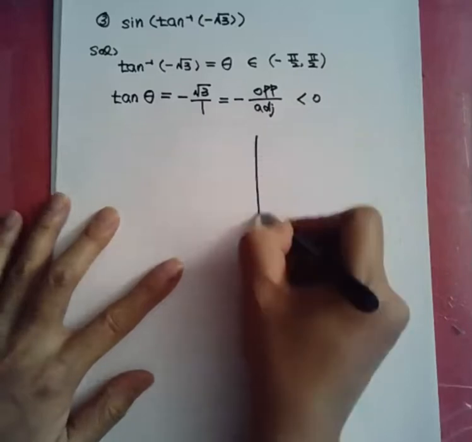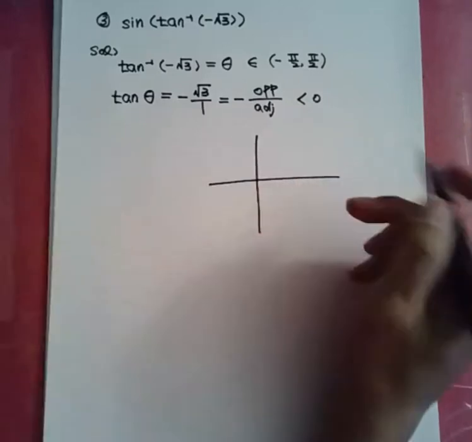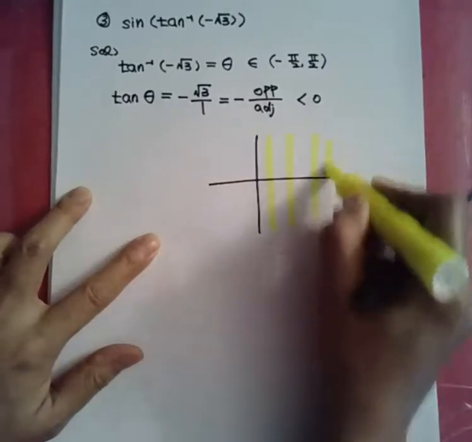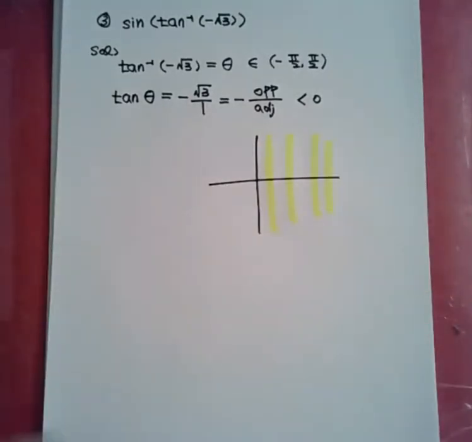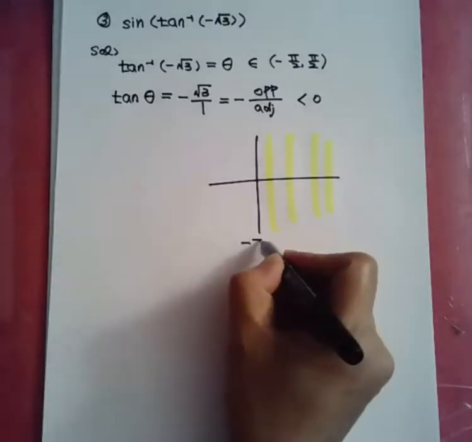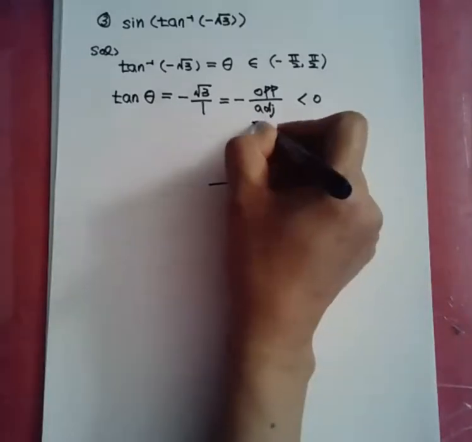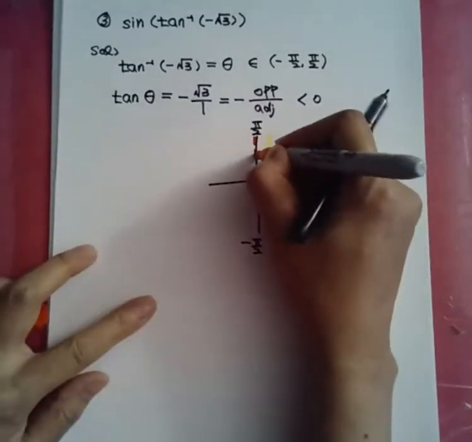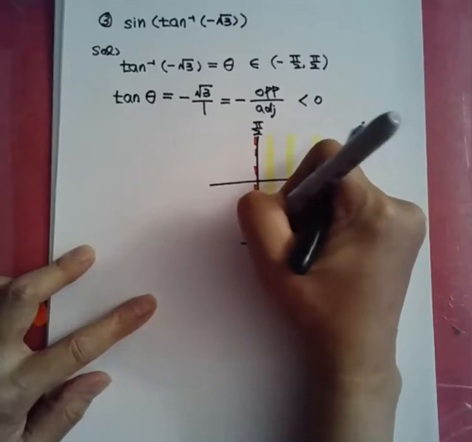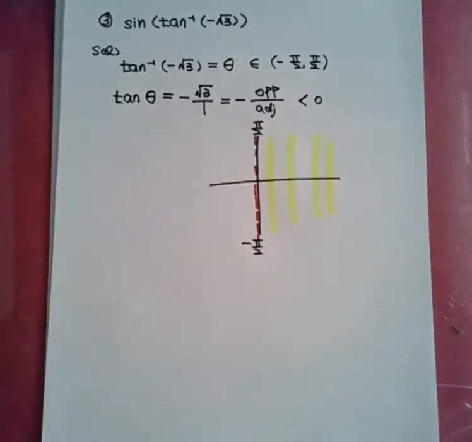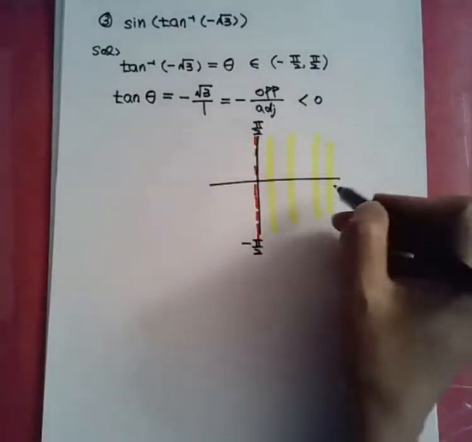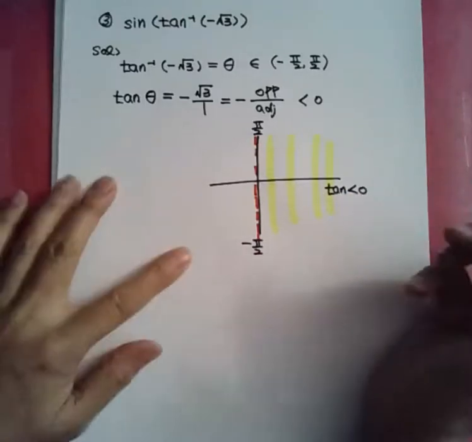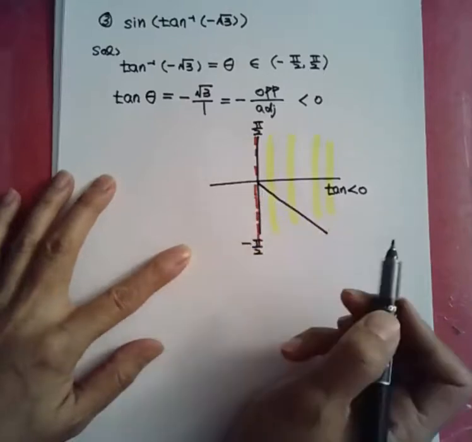If we visualize the circumstance, the range of tangent inverse is from minus pi over 2 to pi over 2. Tangent value is negative in the fourth quadrant, so we can draw the graph here.